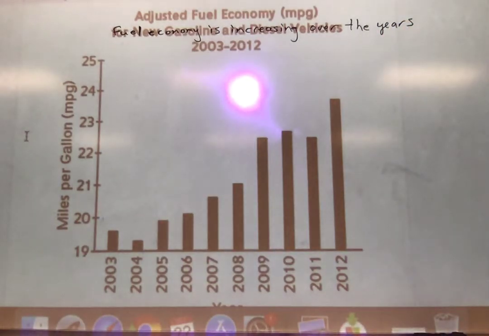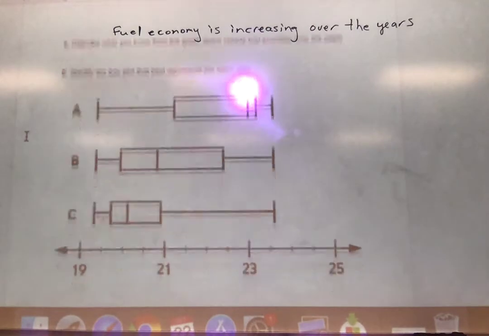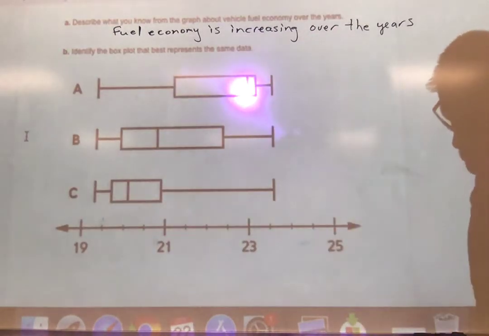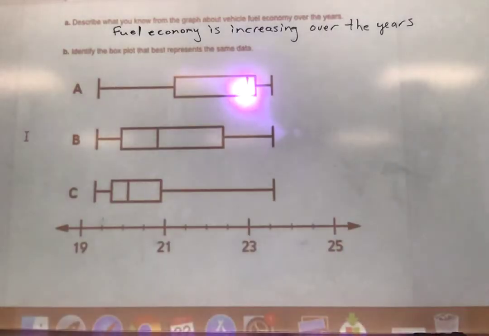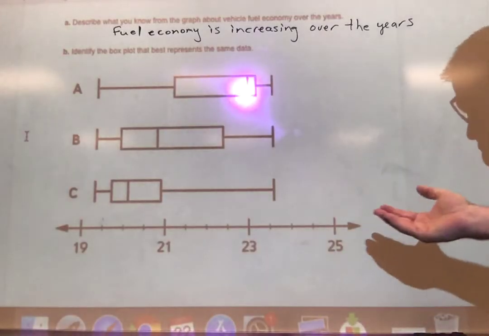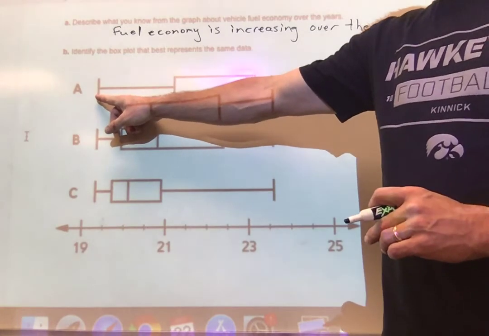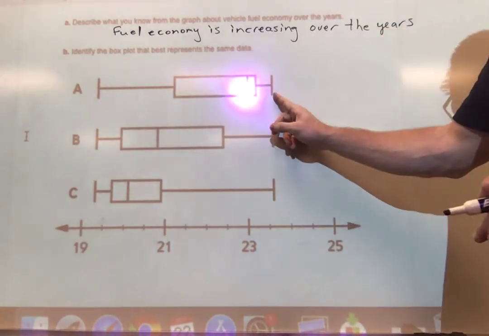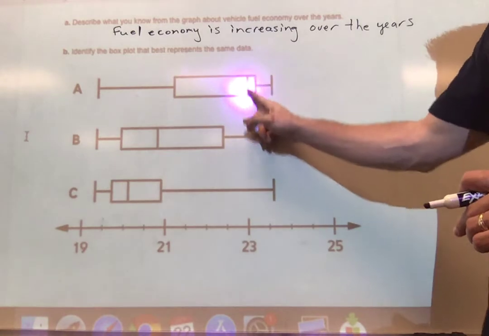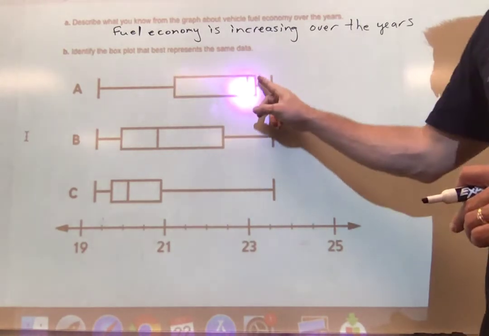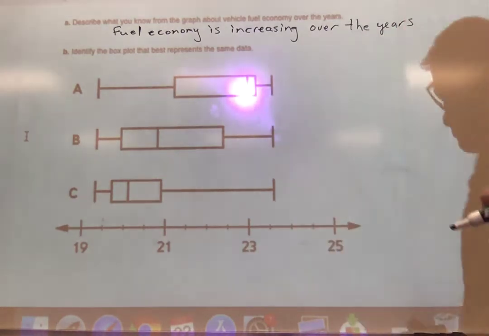All right, so let's look back to the question again on part B. Which box plot goes with the data that we have? Now remember, when we study these box plots, we know the 5-number summary: the minimum, the maximum, the median, the one in the middle, and then quartile 1 and quartile 3 when we break the data into fourths.